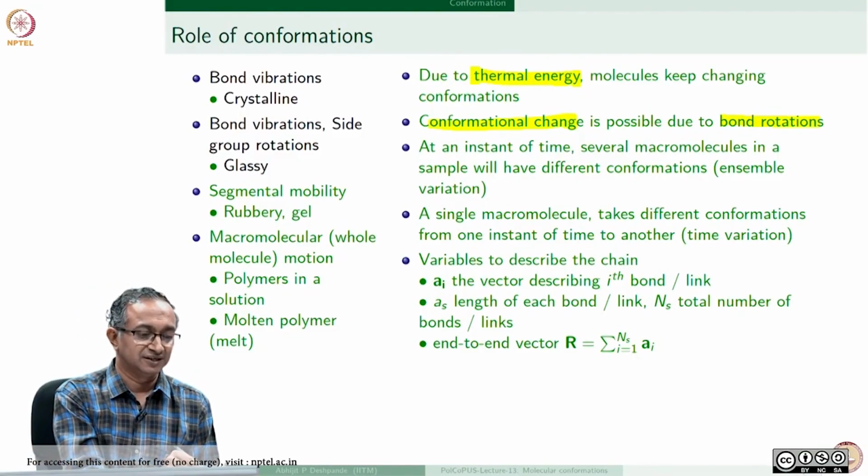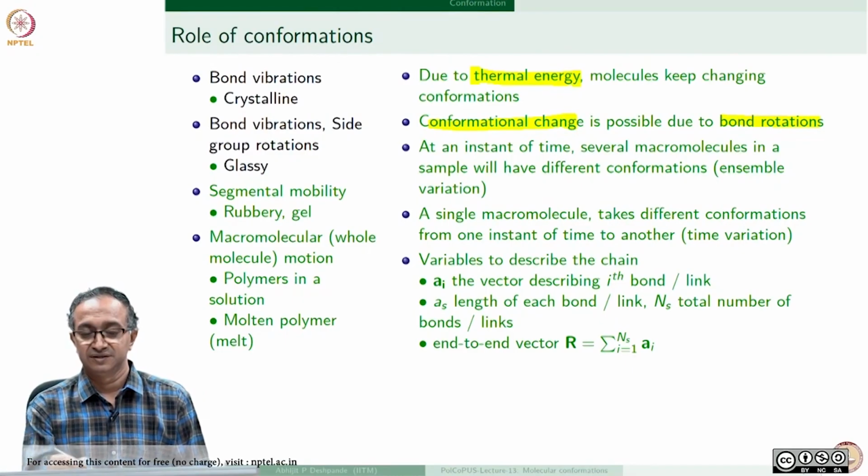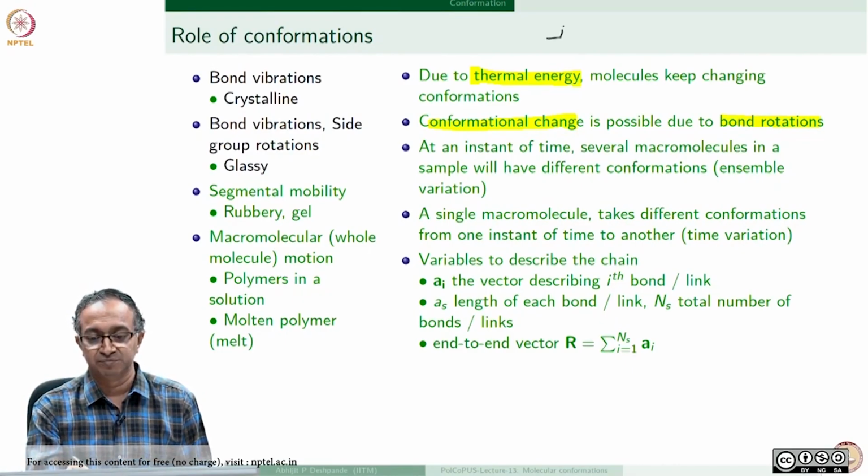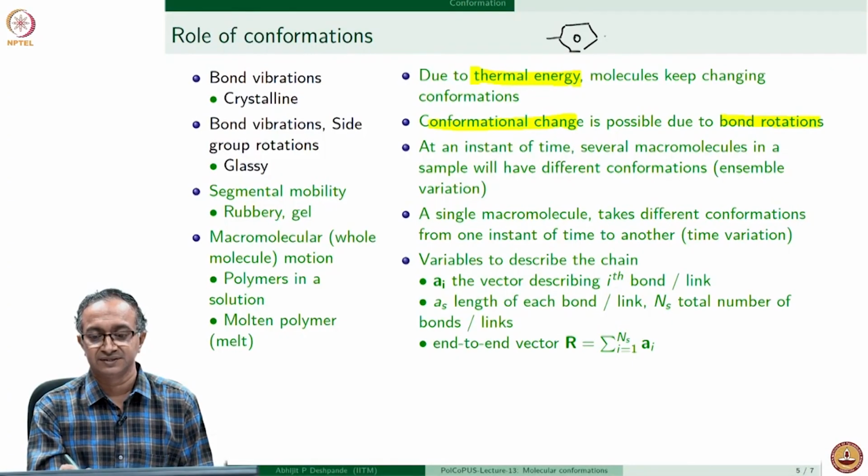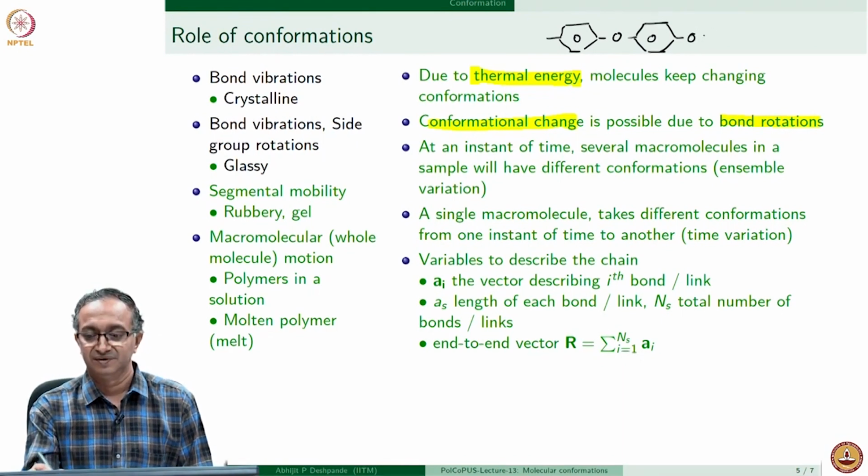Polyether ether ketone is a very strong engineering material which is used for aerospace, and it has ether bonds, so C-O bonds, and it also has benzyl groups along its backbone. Polyether, ether, and then ketone.